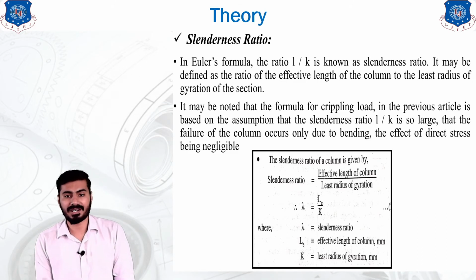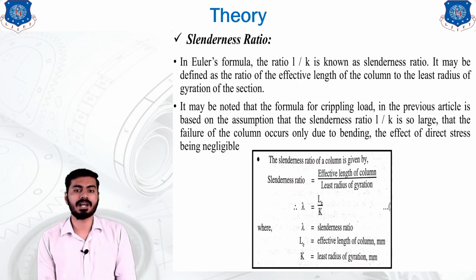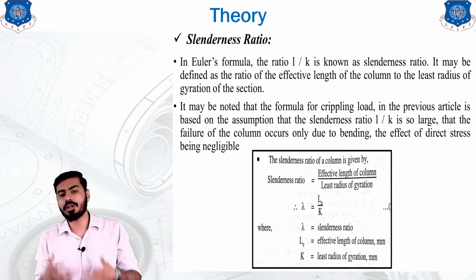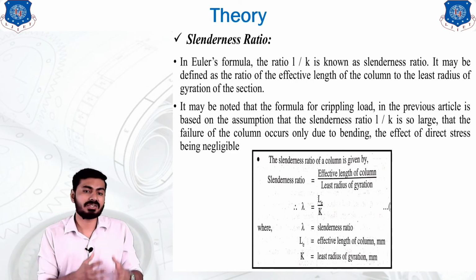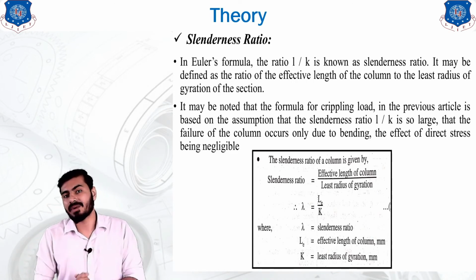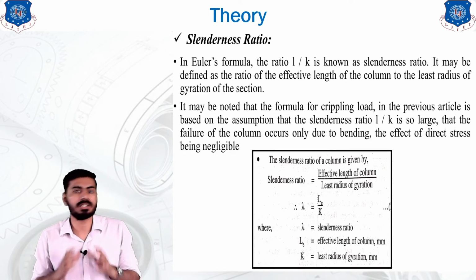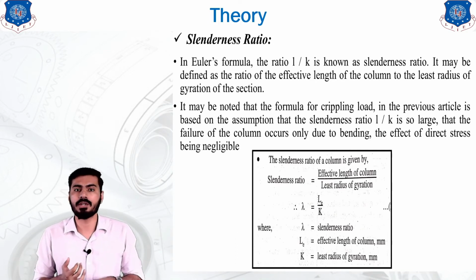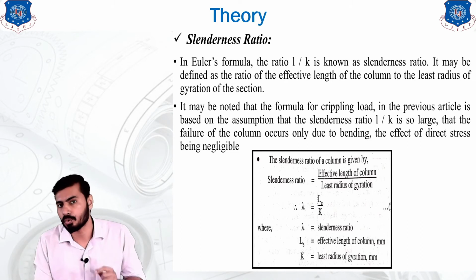It may be noted that the formula for the crippling load in the previous article is based on the assumption that the slenderness ratio is so large that the failure of the column occurs only due to bending, the effect of direct stress being neglected, and that's why it is again based on the assumption that our column is long and not short. If it is a short column, your answer from Euler's formula or Euler's crippling load will not be accurate.